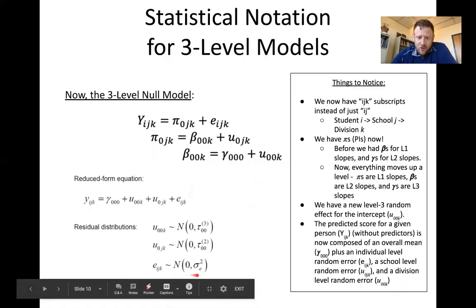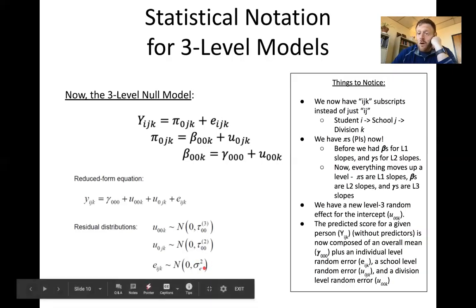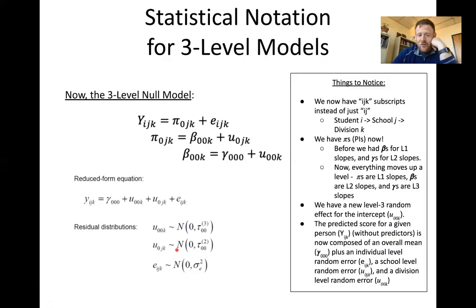So we still have our level 1 random effect, which is epsilon ijk. And these are all assumed to be normally distributed with a mean of 0 and a known variance. The known variance at level 1 is sigma squared still. And then mu 0jk is your random variation at the school level, so that's level 2.